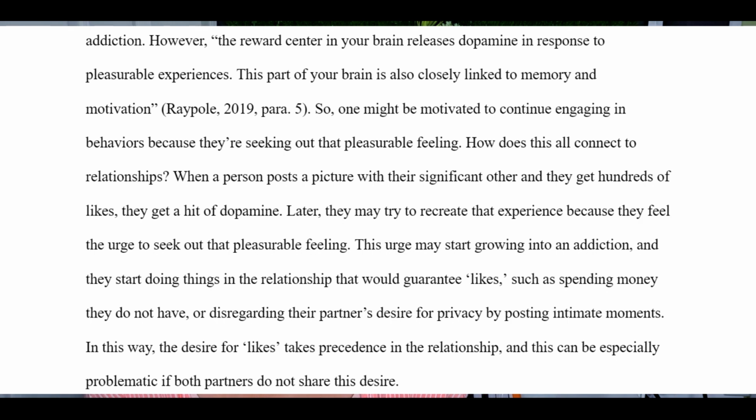This urge may start growing into an addiction, and they start doing things in the relationship that would guarantee likes, such as spending money they do not have, or disregarding their partner's desire for privacy by posting intimate moments. In this way, the desire for likes takes precedence in the relationship, and this can be especially problematic if both partners do not share this desire.